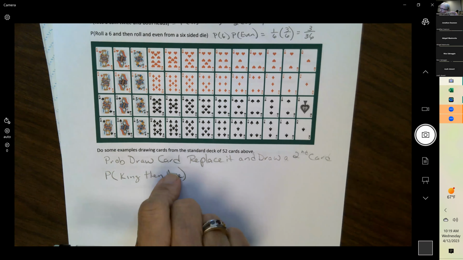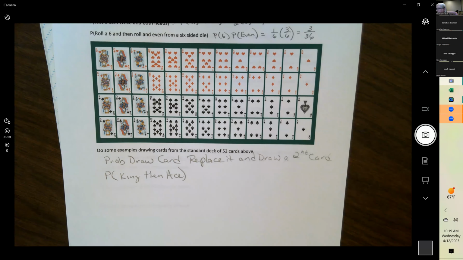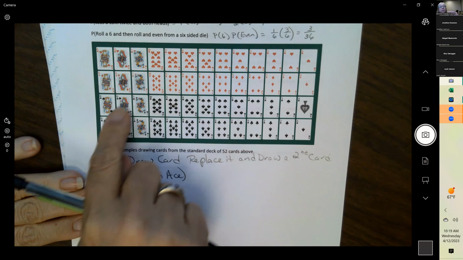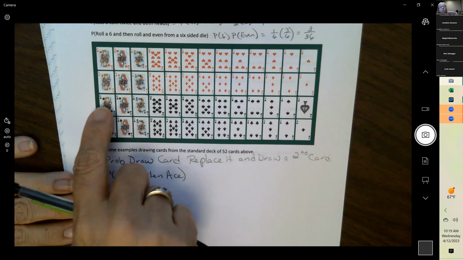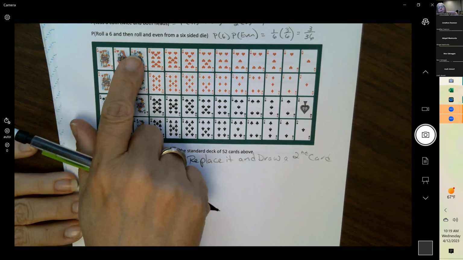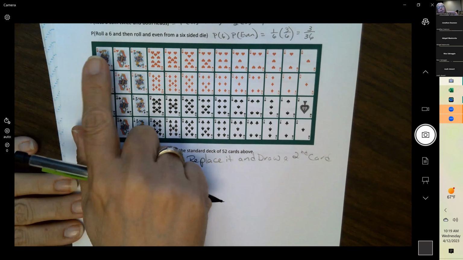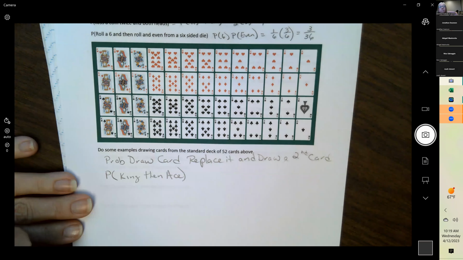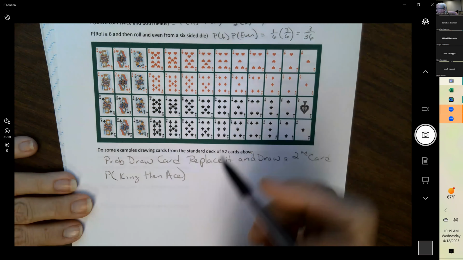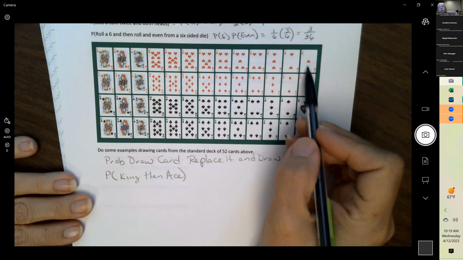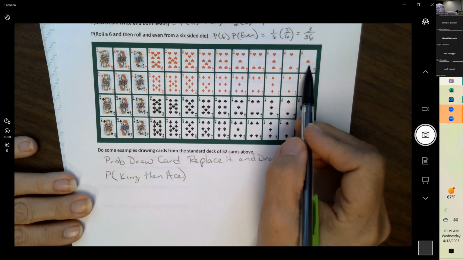I don't know if we've talked about the deck of cards yet, but these 3 here are your face cards, 3 of each suit. They're a king, a queen, and a jack. And these are the numbers 10 down to 1. This is also called an ace, but an ace is also a 1.